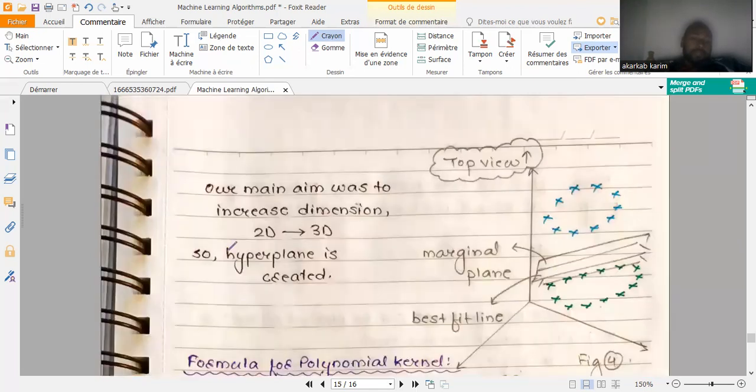Looking at the top view, we have this value in the top and the green one in the bottom. At this time, we can use the support vector machine, and we draw the specific line and the margins.